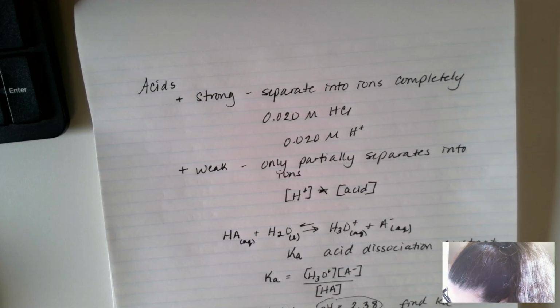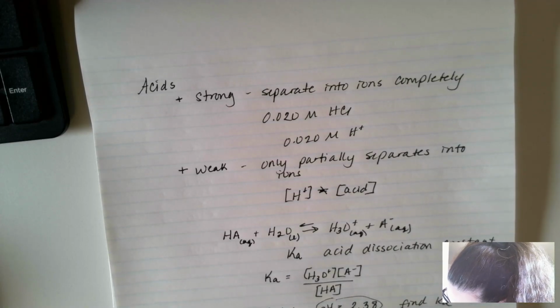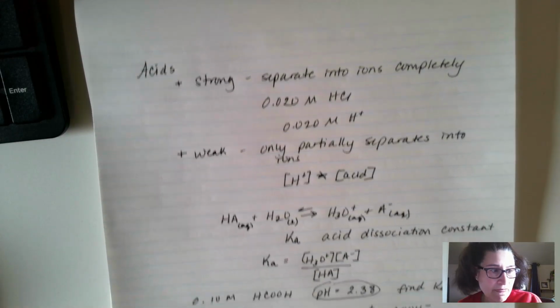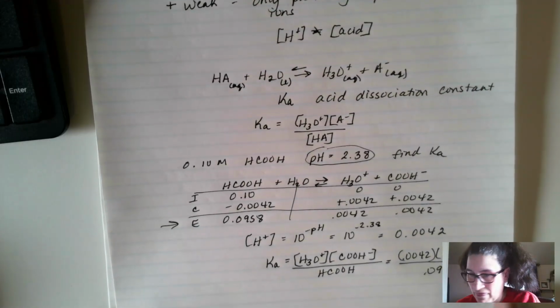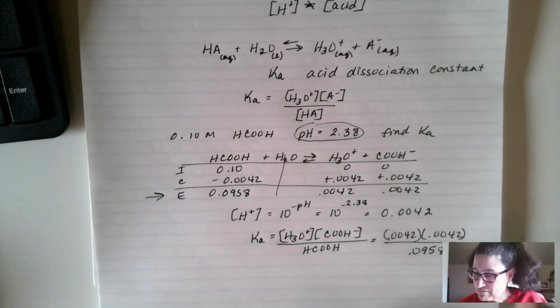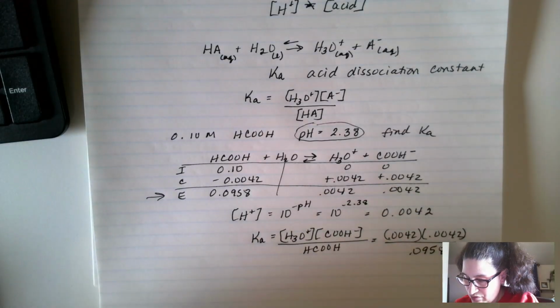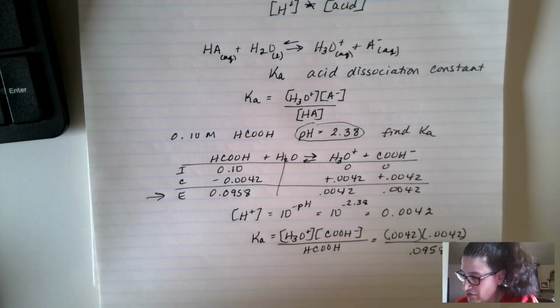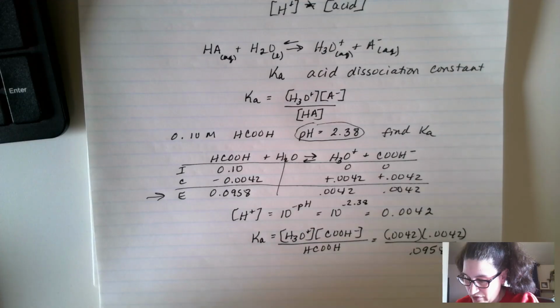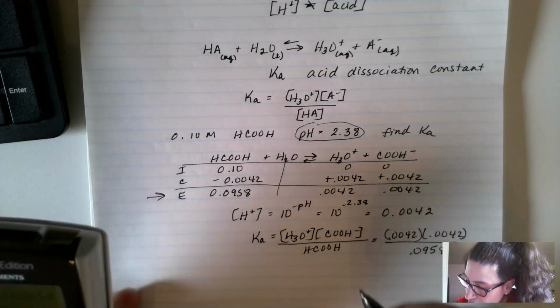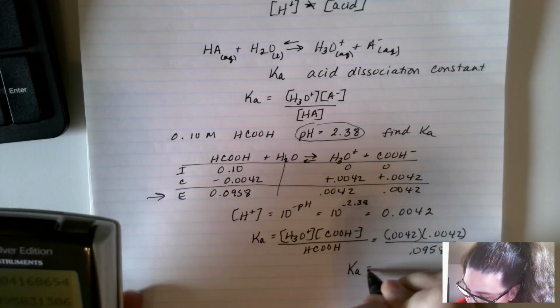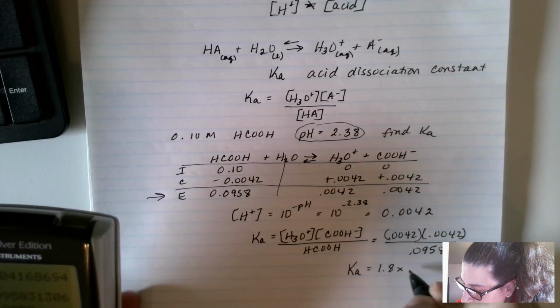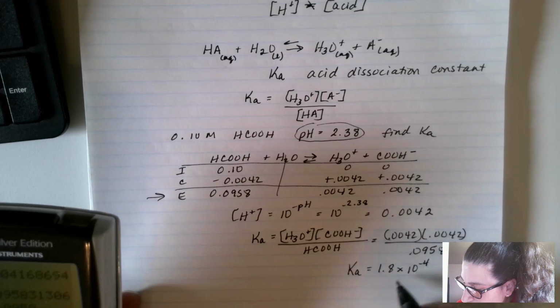I'm just going to plug in the numbers that I got at equilibrium from this row: 0.0042 times 0.0042 divided by 0.0958. So my Ka is 1.8 times 10 to the negative fourth.